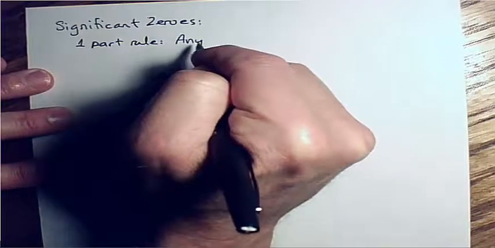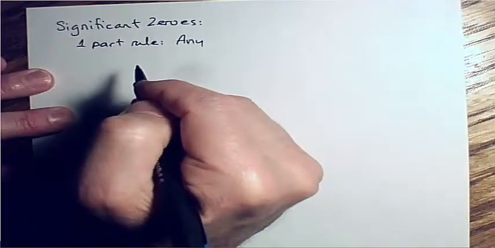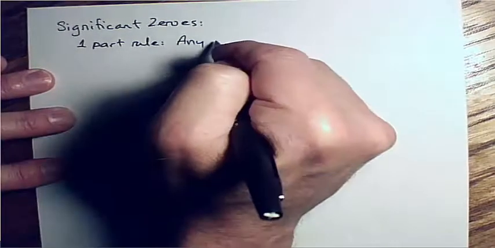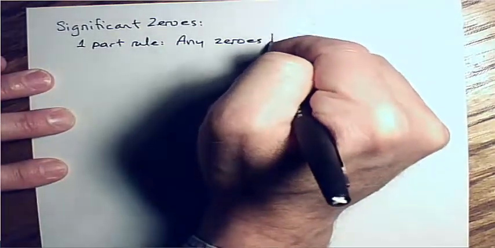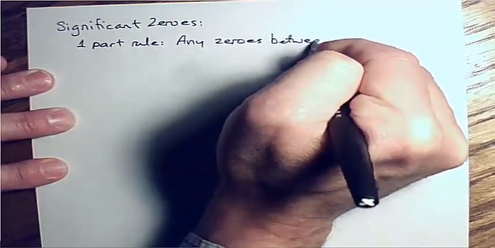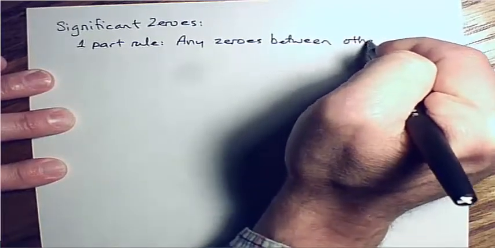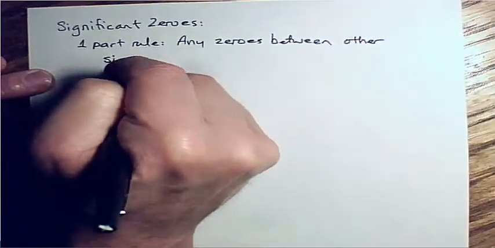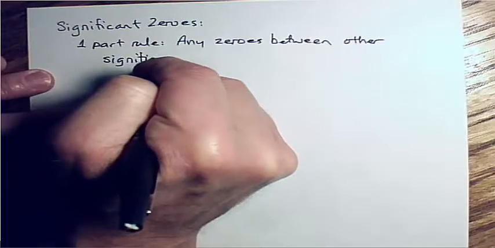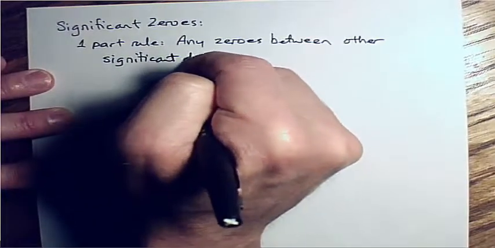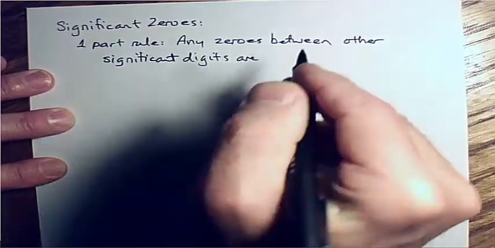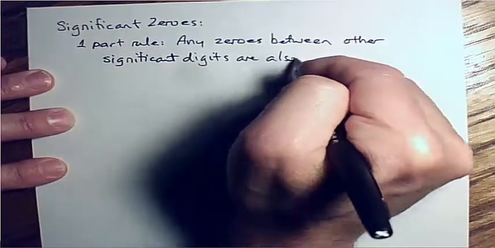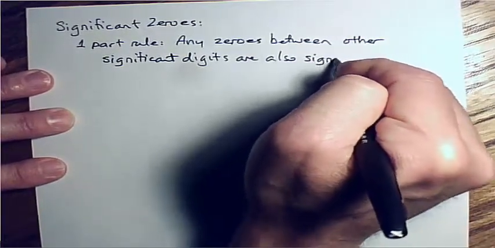And the one-part rule says any zeros between other significant digits are also significant.